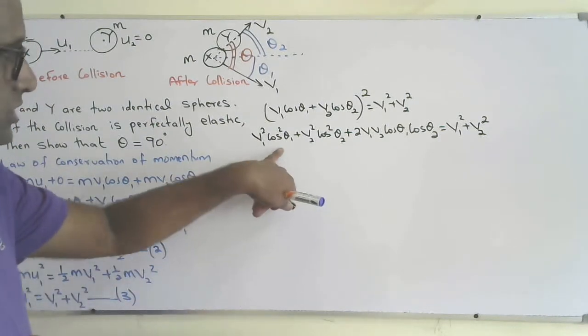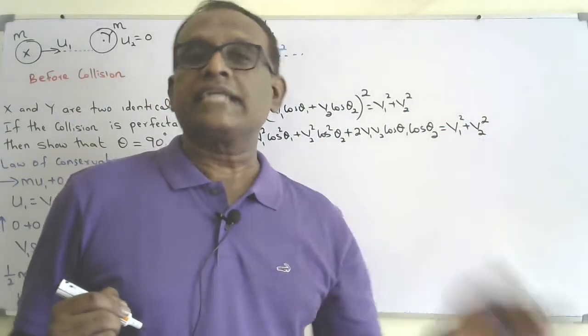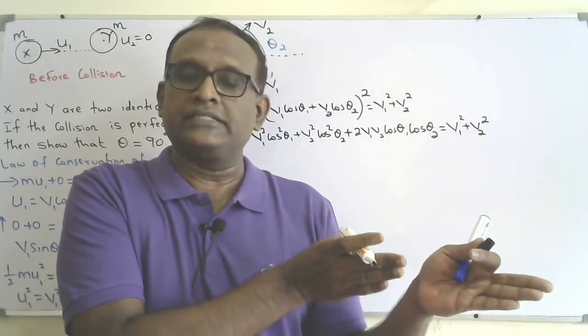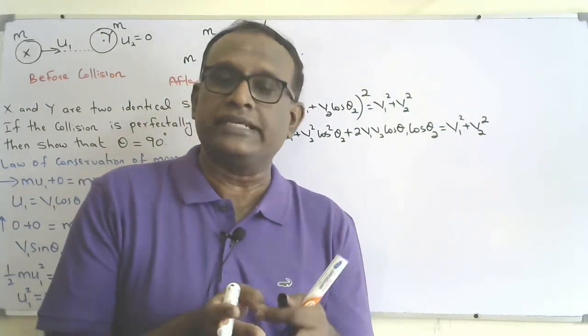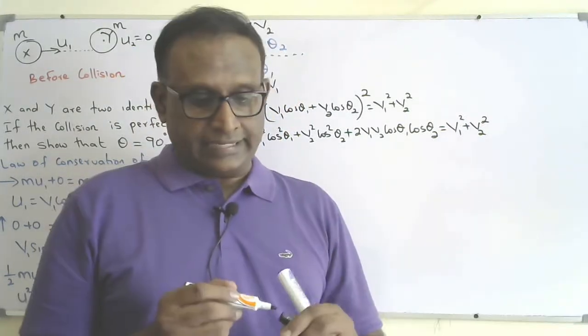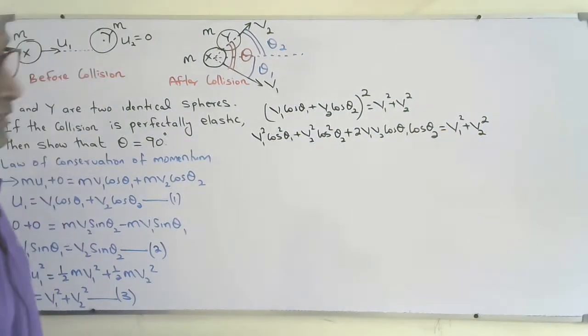Okay, we know that cos square theta equal 1 minus sine square theta. We know that sine square theta plus cos square theta equal 1. We know that in trigonometry. So cos square theta equal 1 minus sine square theta, right? I'm going to use that one now.